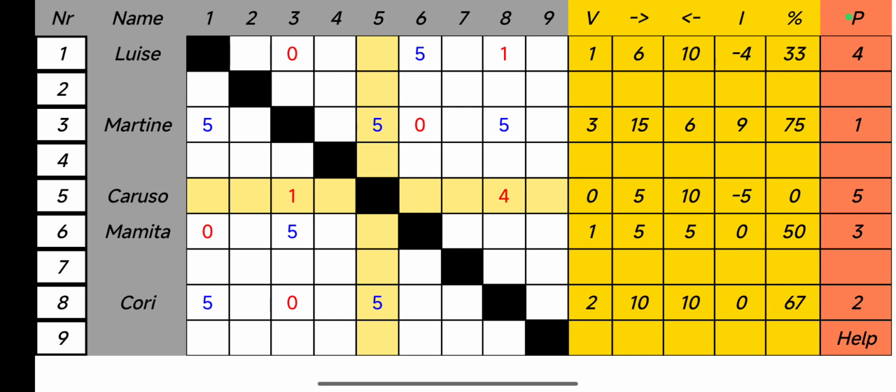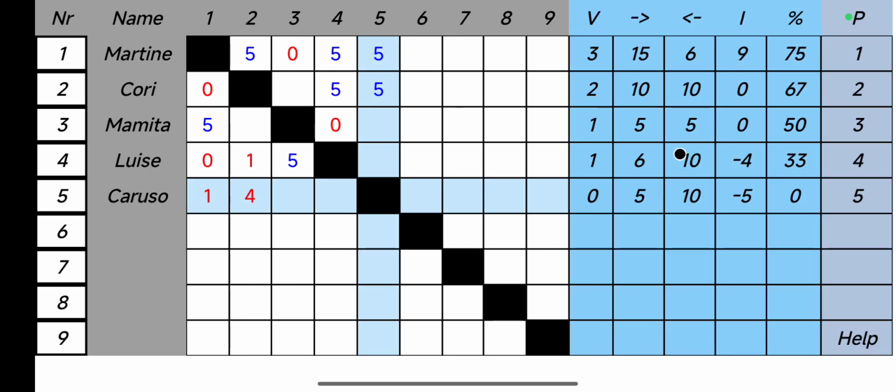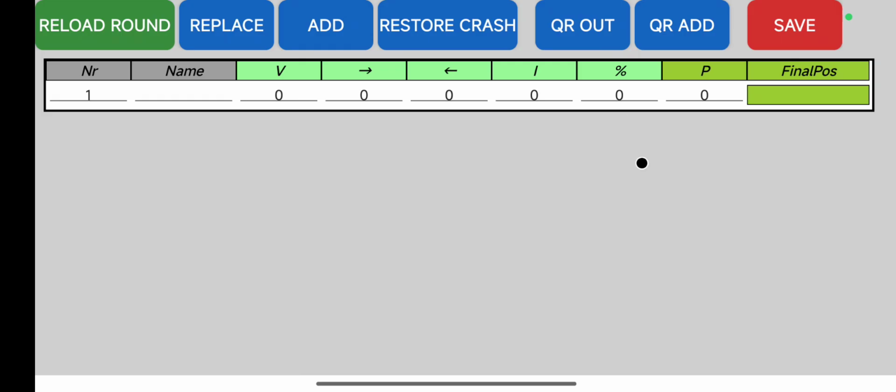Okay, then you have the option, if you long press on the last row, to reorder them, and it's reordered by ranking position so that it's easier to read. You can also change the colors if you like some other colors. And by long pressing on this area or just swiping, you go to the next page.